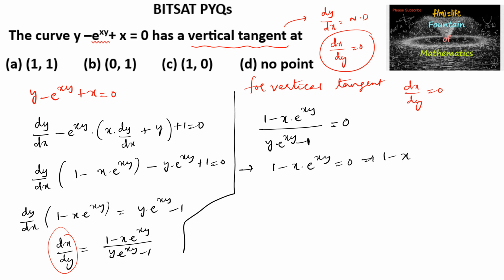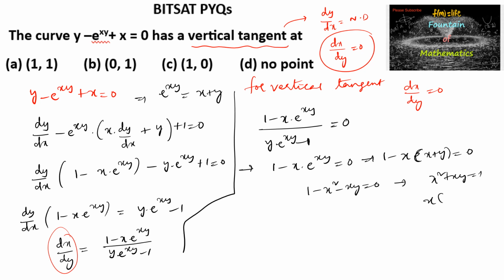That is, from here e power xy is equal to x plus y, so we can write 1 minus x into x plus y is equal to 0, or 1 minus x square minus xy is equal to 0, or x square plus xy is equal to 1, or x times x plus y is equal to 1.